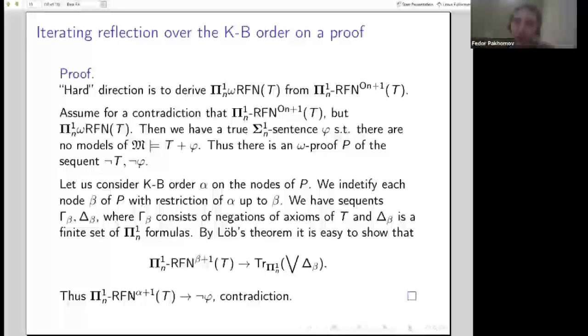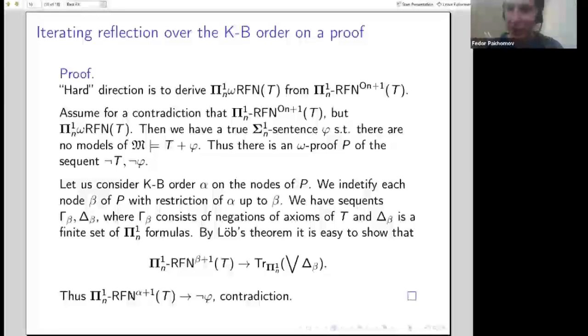And so iteration along the whole order should imply the formula not phi that should be at the end of our proof. But not phi should be false, because by assumption phi was true, and this gives us a contradiction.